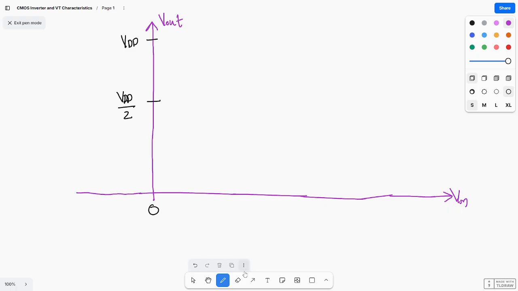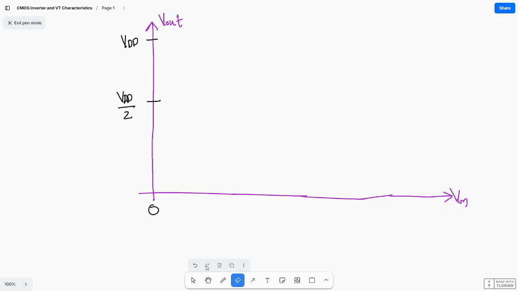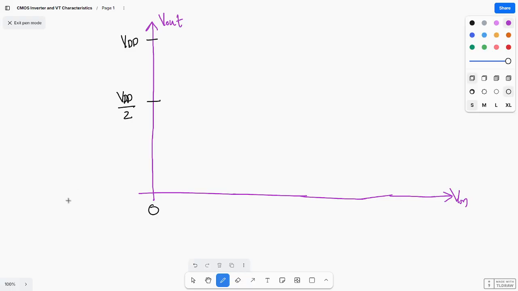Why? Because for the PMOS you will get the negative values. So PMOS we already seen whatever the characteristics are, we are giving the negative value. So ID current is negative and VGS, VDS you are applying negative. So that means you are getting the third quadrant. So all are negative only.